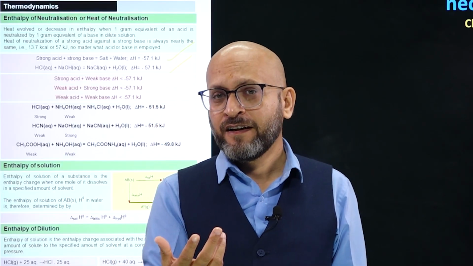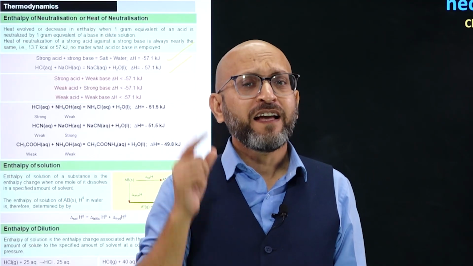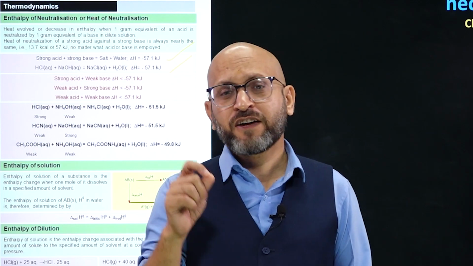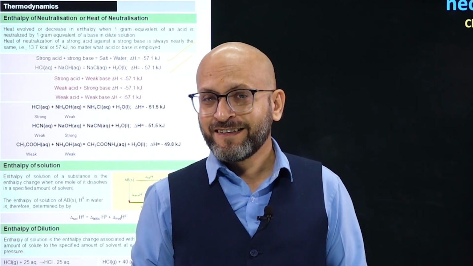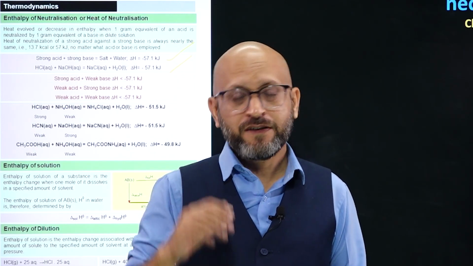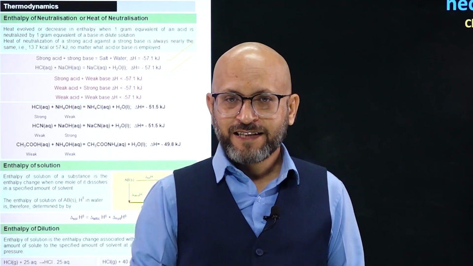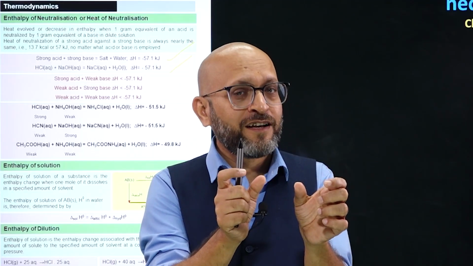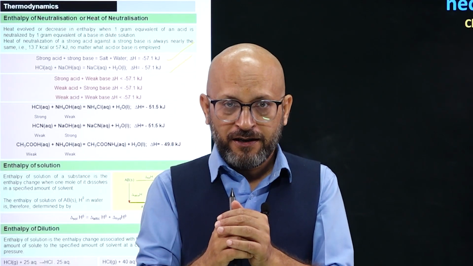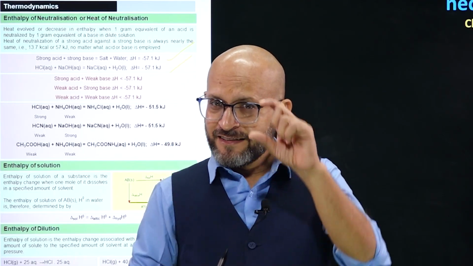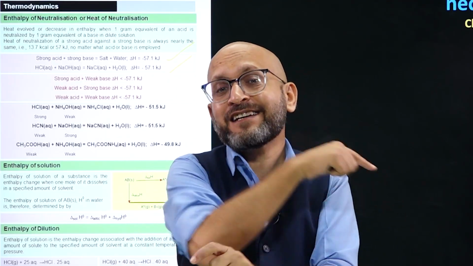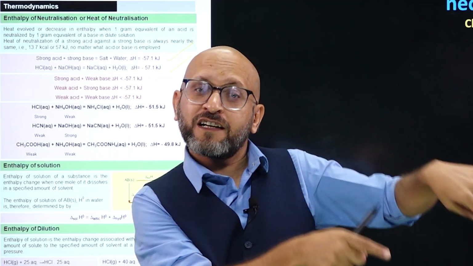For example, if I say the enthalpy of neutralization of acetic acid with NaOH is 57.1 kilojoule per mole, I would like to correct that. The energy released for acetic acid and NaOH is 50 kilojoule per equivalent. That means 7 kilojoule is used in the ionization energy of the weak acid.